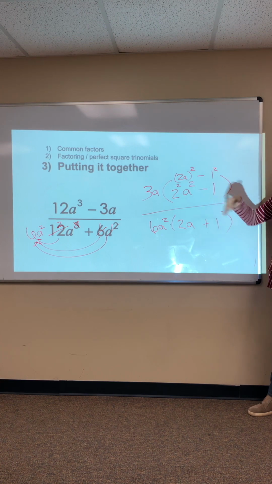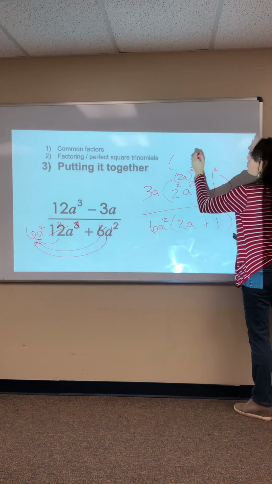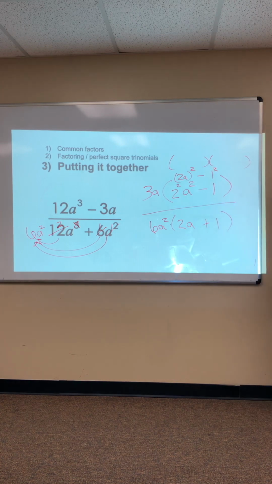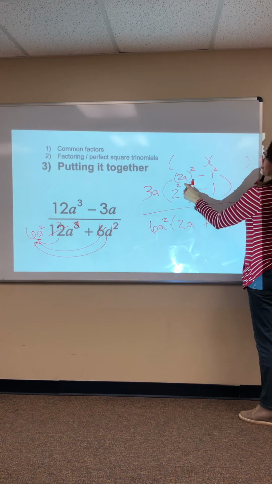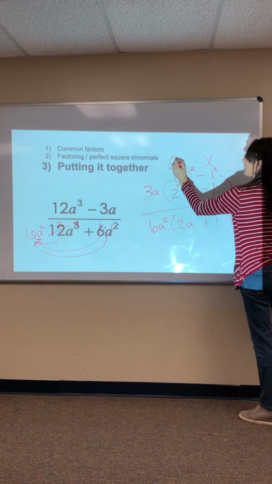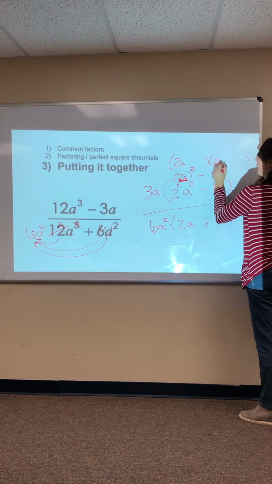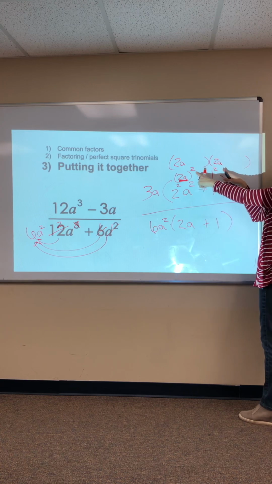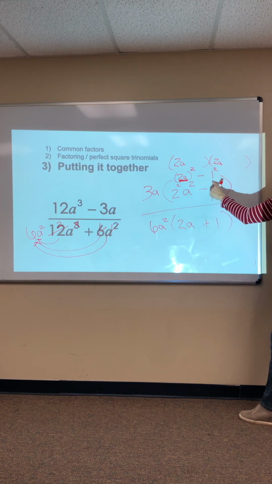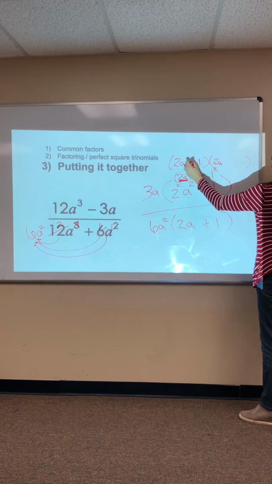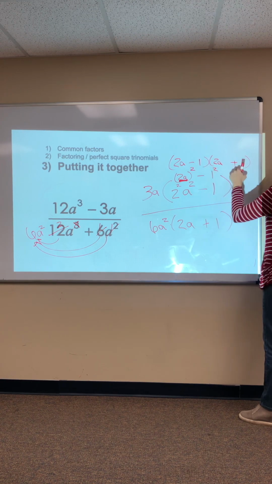Difference of squares factors to what, every single time? They have different signs. So what are the first values? 2A and 2A, because that was our squared value. What's in our second term? 1 and 1, where one is negative and one is positive.